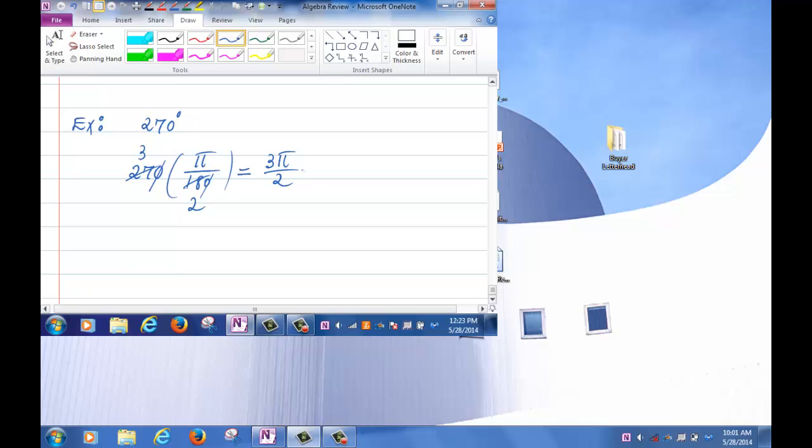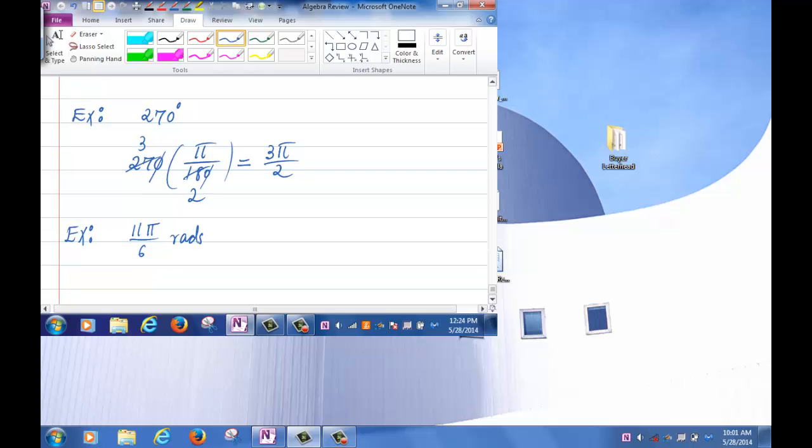Okay, how about you convert the other way, radians to degrees, okay? So let's say I have the radian measure of an angle. Let's say I have 11 pi divided by 6 radians, and I want to convert that to degrees.